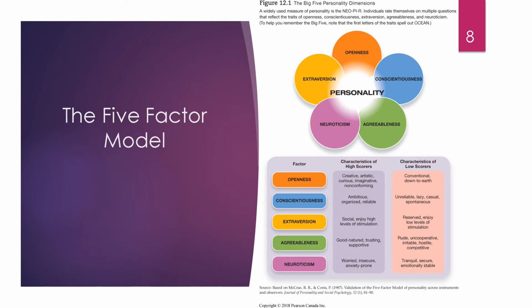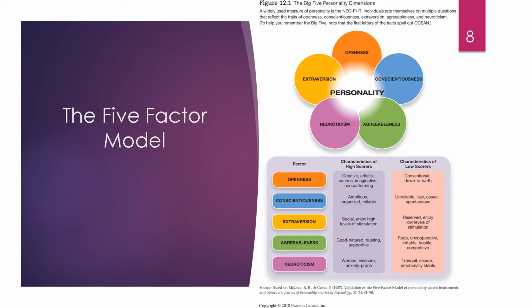So for example, you have your dimension of openness, and so if somebody scores high in openness, they would be more creative, artistic, curious, imaginative, non-conforming, whereas someone scoring low would be more resistant to change, so conventional, down to earth. Conscientiousness, we've got ambitious, organized, reliable, whereas the opposite of conscientiousness would be more unreliable, lazy, casual, and spontaneous.